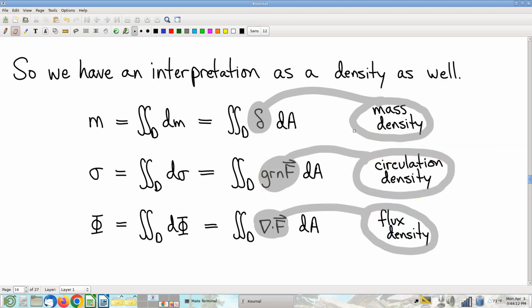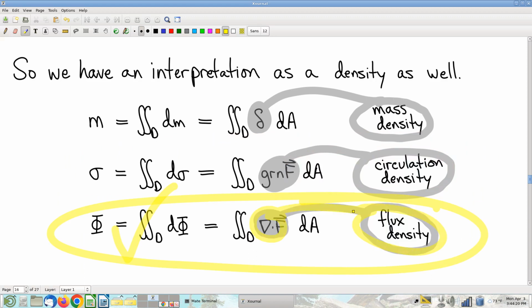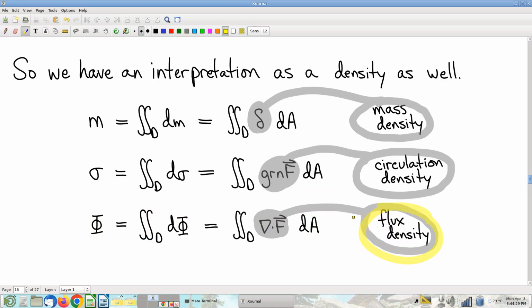And then, as we just developed, the 2D divergence theorem, again, is an accumulating quantity. There is an associated notion of density, divergence in this case, and again, common terminology used here: flux density.